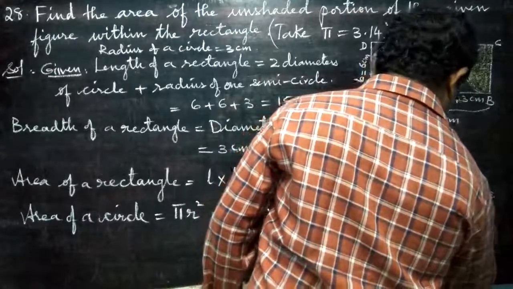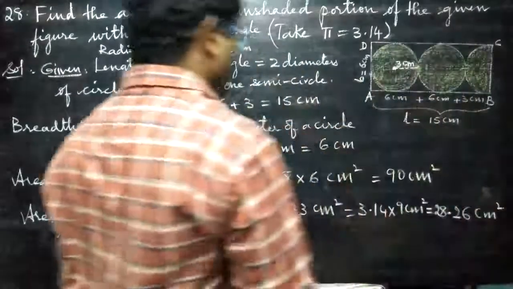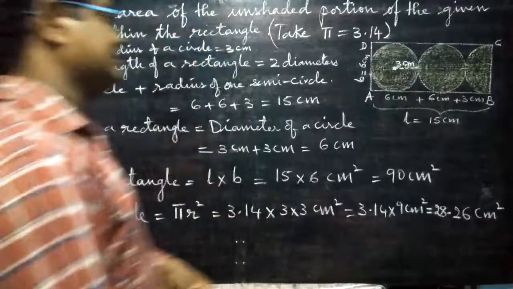28.26 centimeters square. Write that one. Now how many circles are there? 2.5 circles are there.